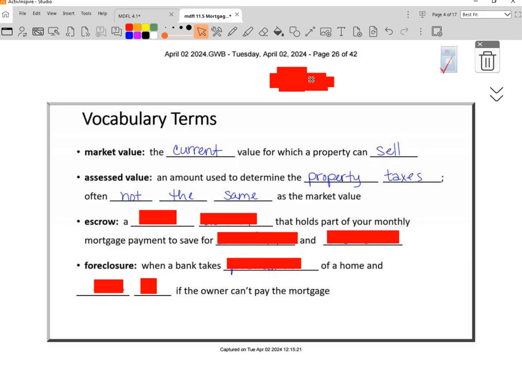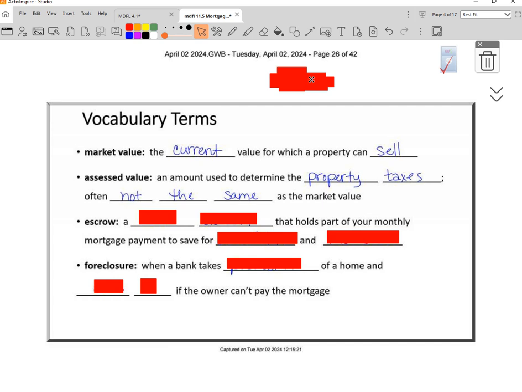You don't actually own a home when you're buying that home. Until you make that last payment, really the bank owns that home, right? So they insist that you have insurance in case something happens to that property. They don't want to be out of that money, right? And you have to pay for that insurance. If you let that insurance lapse, then they can foreclose on your home, right?